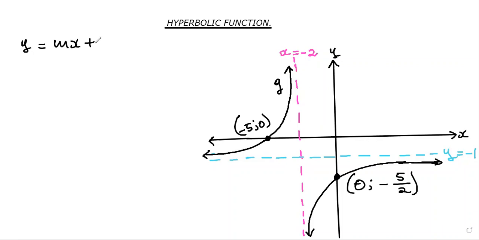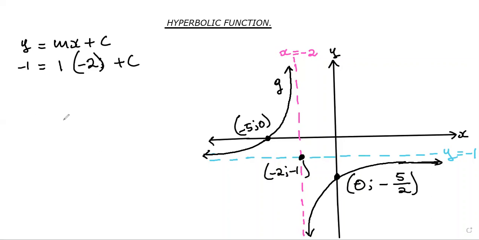So we are looking for the line of symmetry with a positive gradient, right? We said the gradient is going to be positive 1. So what about the x value? We can see that this point is the point of intersection of the two asymptotes. So at that point, the x value is going to be -2, and then the y value is going to be -1, like that.